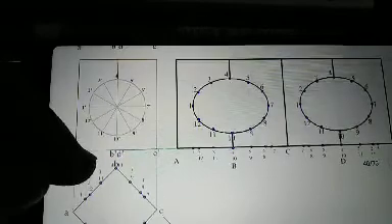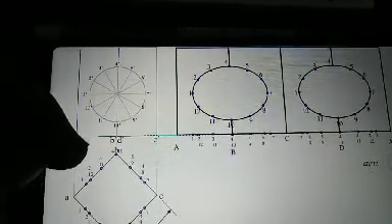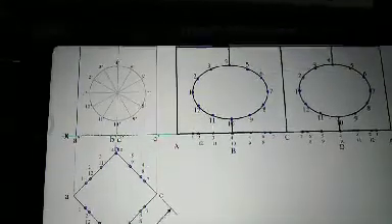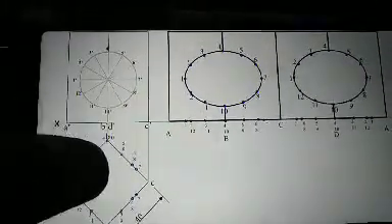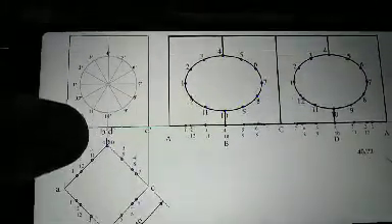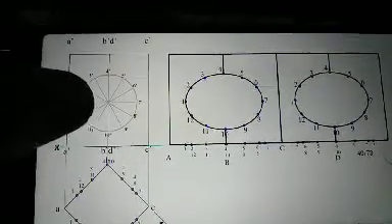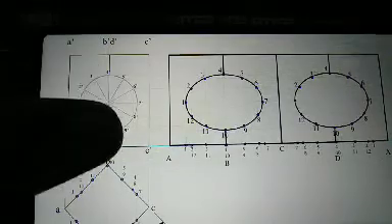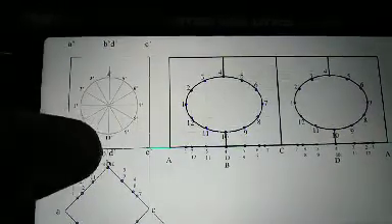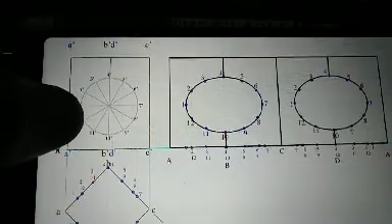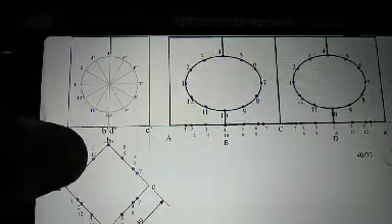Then project all these 12 points which are drawn in front view. Up to this we completed the development of the simple prism. Again we have drawn a hole, drilled centrally in front view, and we divided the hole into 12 equal parts.